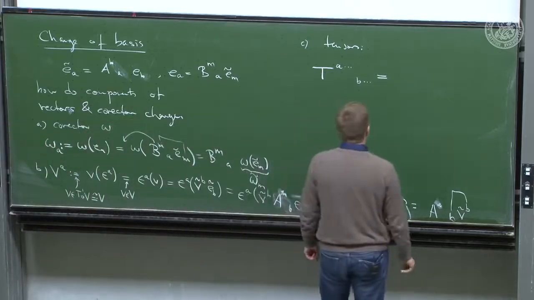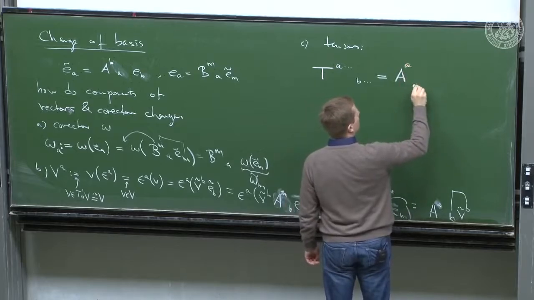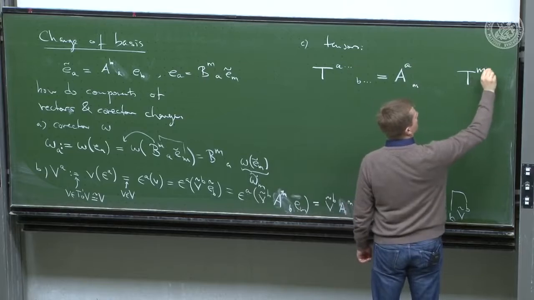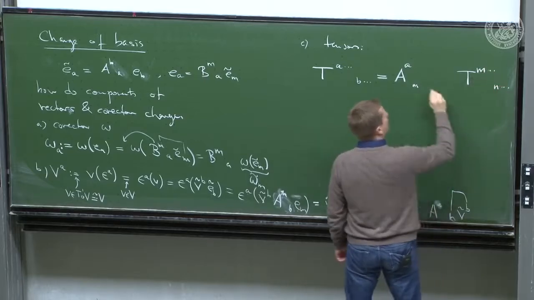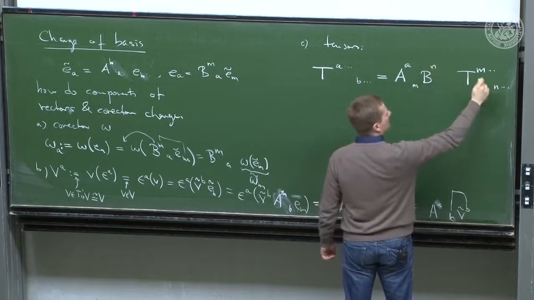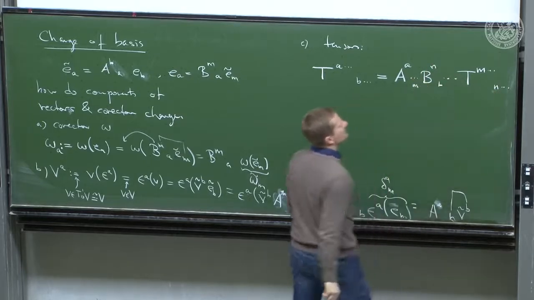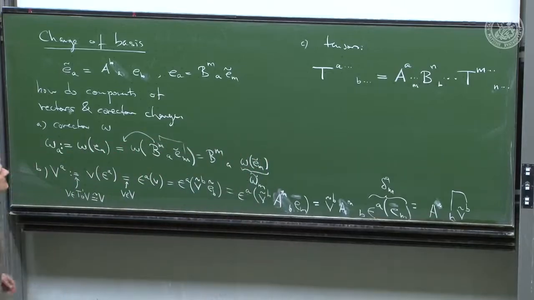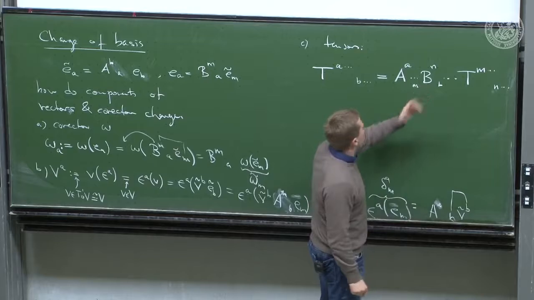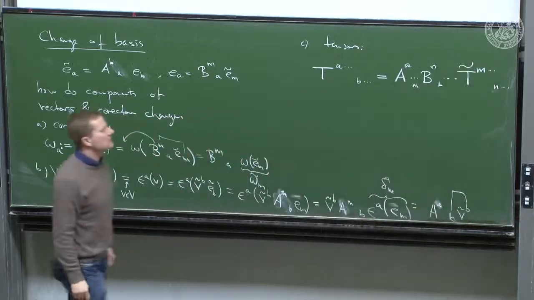If the index is up, then you use the matrix A, and you introduce a dummy index M, and that goes with this M over here, da da da. And for an index down, an N, you use the matrix B, but then the N is up here, and the resulting index B is down there. So you have many of these A's, and you have many of these B's. And so the upstairs indices transform like vector indices, would be the rule, and the downstairs indices like the others, and of course those are the components in the new frame.